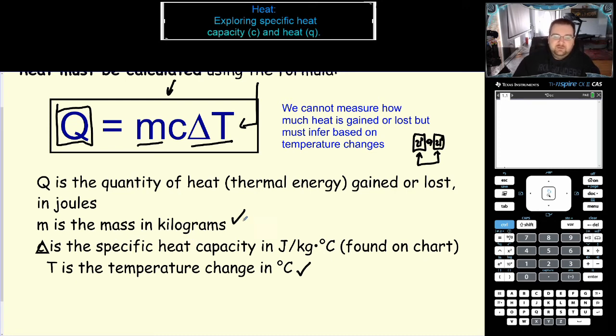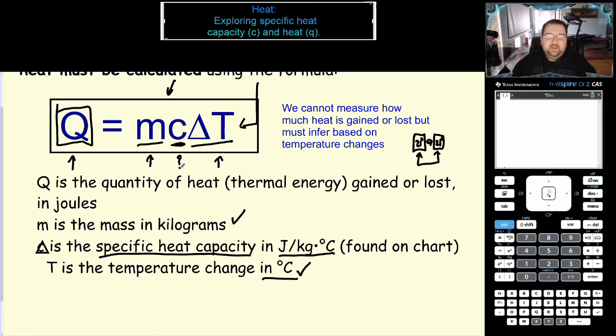So mass is in kilograms, temperature is in Celsius, and this new one here, C, lowercase c, that is the specific heat capacity. And its units are joules per kilogram Celsius. And where do you get this one? That's from the chart, right? If you know Q, M, and delta T, and you don't know C, you don't go looking for it on Google.